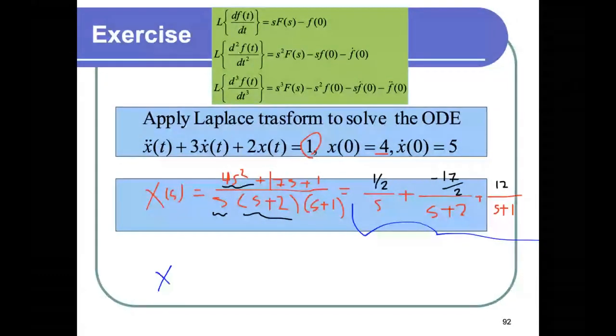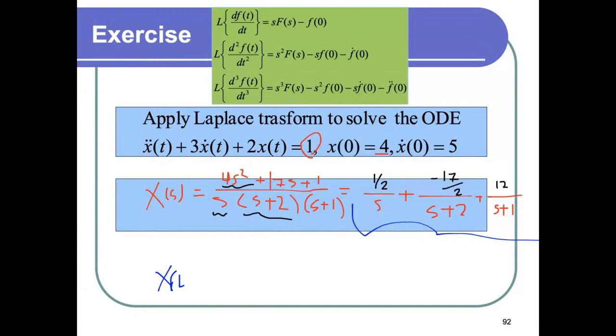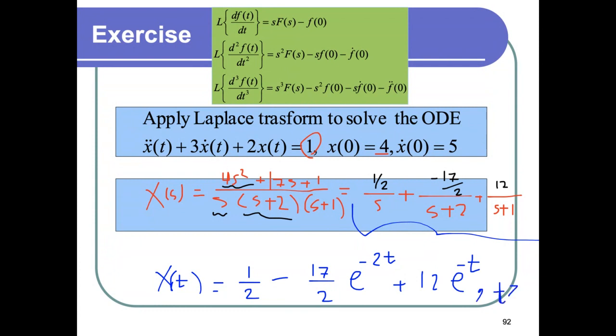What is x of t? 1 over 2, this is the step. Minus 17 over 2, this is a shift in the frequency domain, so e to the power of minus 2t, plus 12 e to the power of minus t, for t greater than or equal to 0.